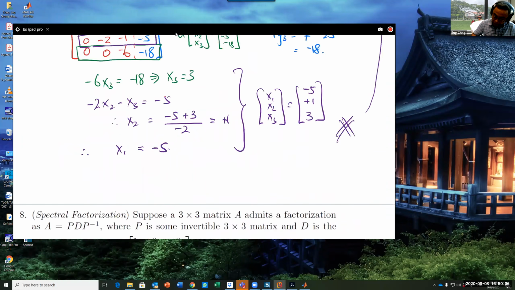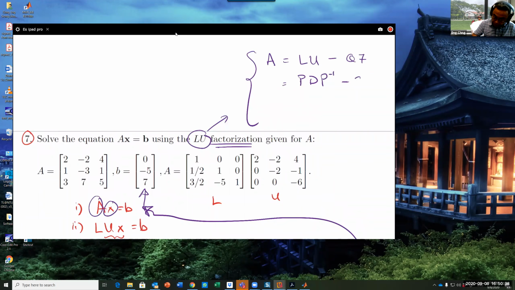So you realize that one of the key linear algebra problems is to break the original matrix A into very special matrices. In LU it looks like a triangle, and in question 8, this is actually eigenvalue decomposition.